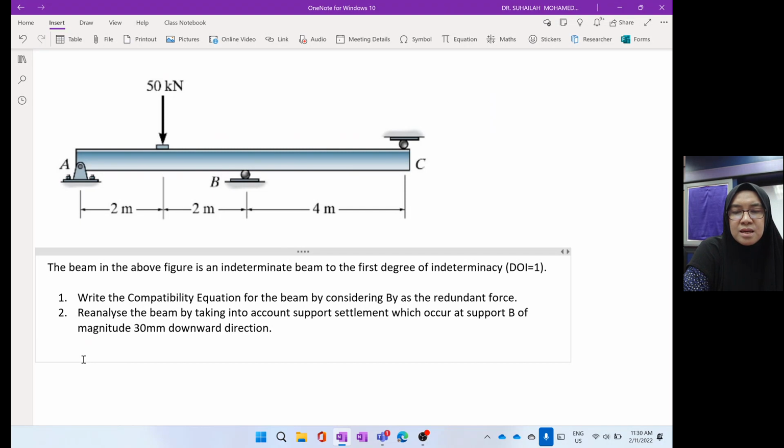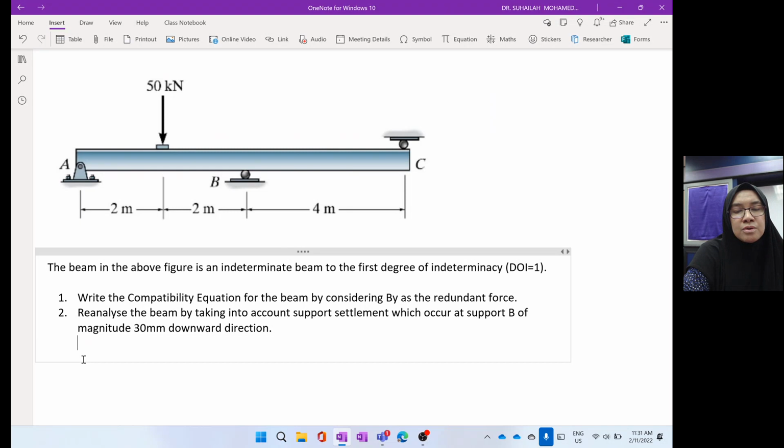So this is actually the effect that can be counted when we analyze beam or frame. Normally, support settlement question will be given in either beam or frame question, and it will only affect the actual system. It does not affect the displacement in primary, the displacement in redundant. It only affect the value in actual system.